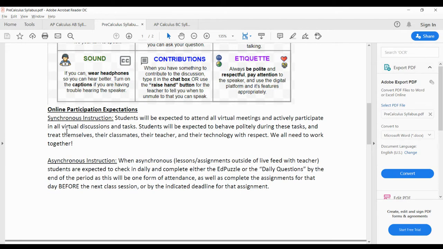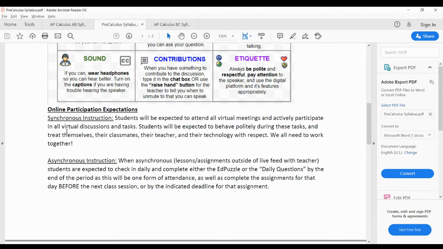All right, then we have this. This is the definitions and what we expect out of both of them. Synchronous is going to be mainly done through Google Meet. So we will have our Google Meet going. Depending on your day of the week, since this is pre-calculus, some people will go Monday, Tuesday, Thursday. Some people will go Monday, Wednesday, Friday. Asynchronous will be on your other, non-synchronous days.